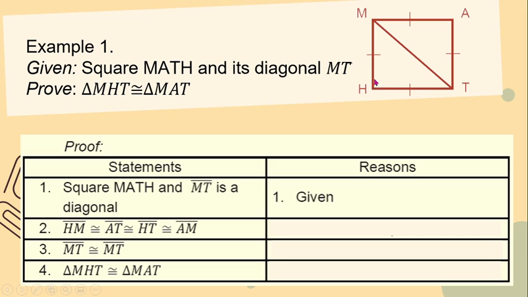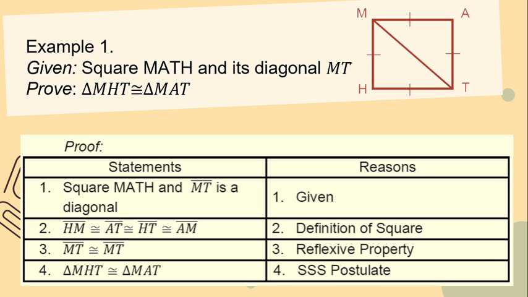Ito yung mga sides congruent sa isa't isa. That is from the definition of square. Diba kasi yung square natin, lahat ng sides niyan ay congruent. Then, MT is congruent to MT. That is by reflexive property. And from that, statement number 4, triangle MHT is congruent to triangle MAT, we can say that is from SSS postulate. Kasi puro side yung pinakita natin na statement.